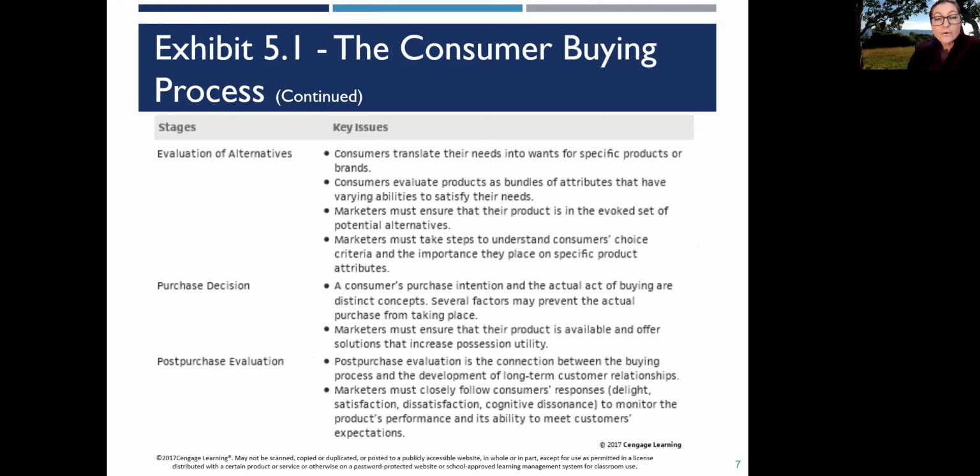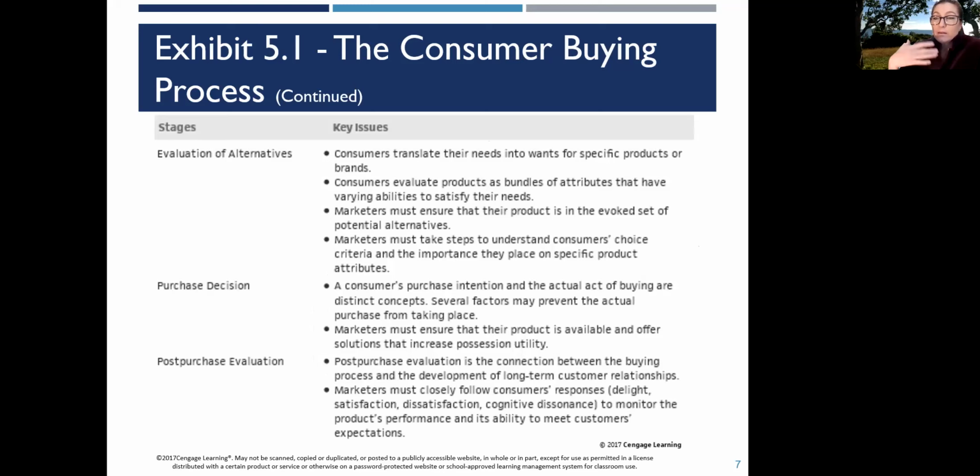So when the decision that the consumer is making is an everyday routine decision, the evaluation of alternatives might be quite narrow.